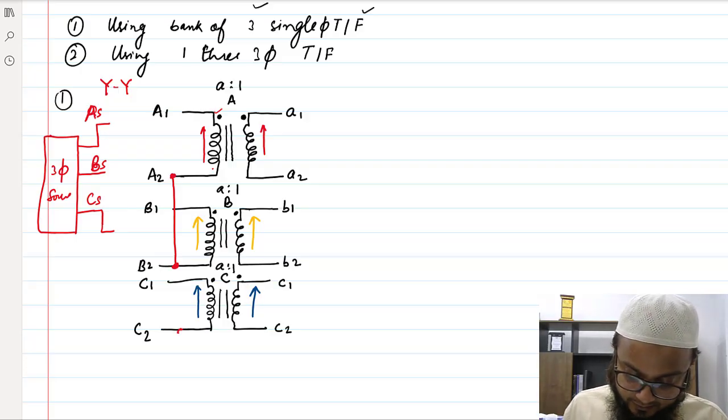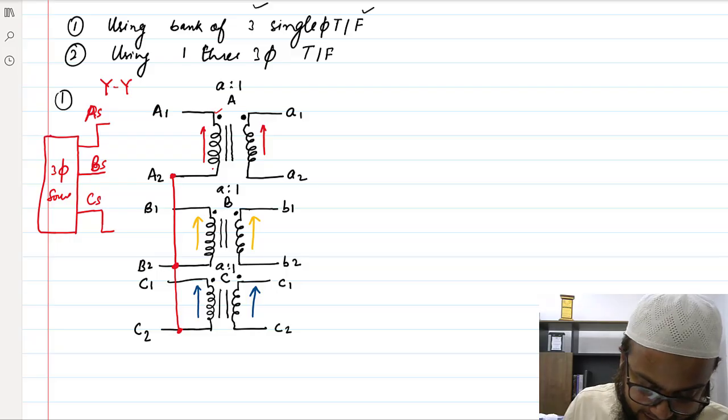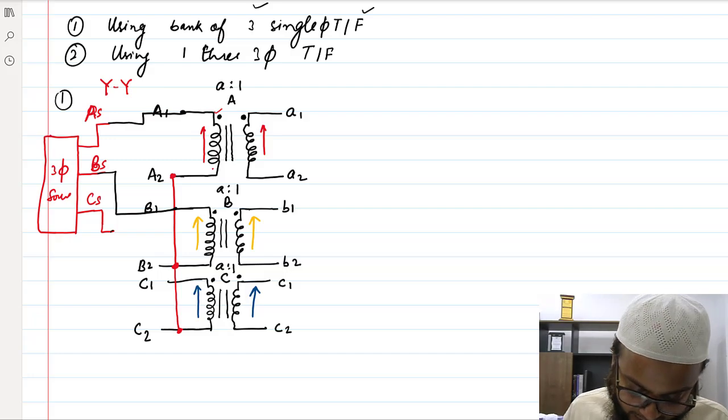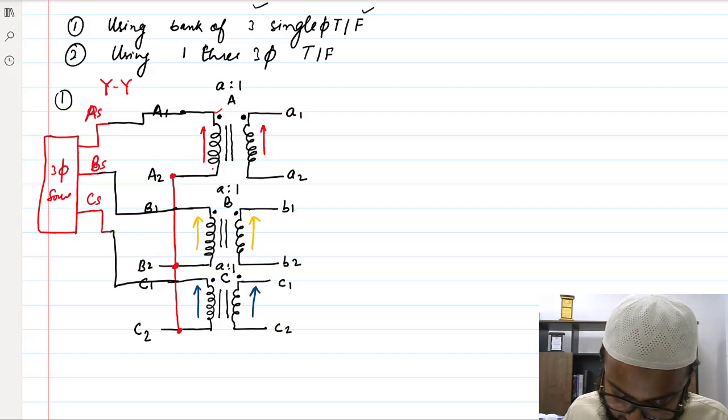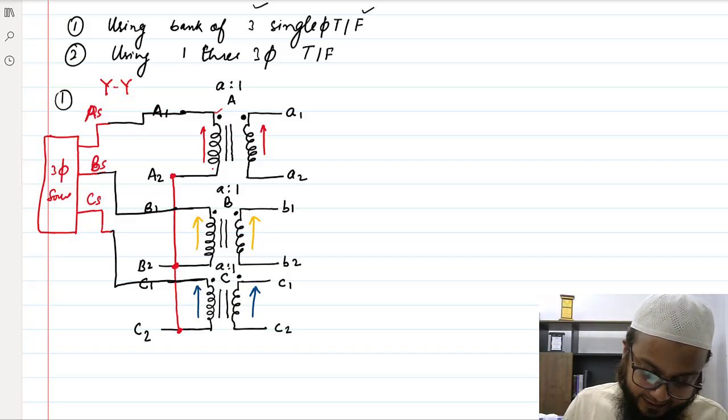And I'll short it here. So obviously this is phase A, this is phase B, and this is phase C here, right? I have marked the connection with the dots, these bold dots.